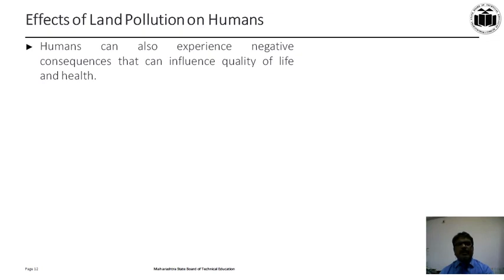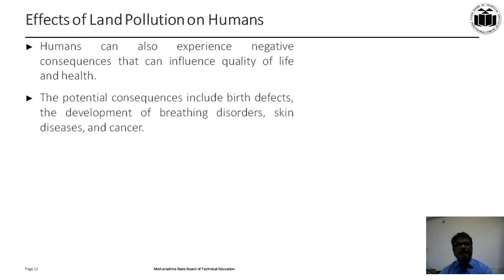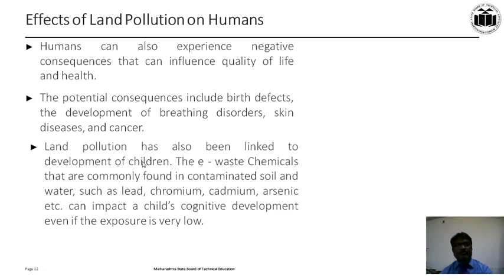Humans can also experience negative consequences that can influence quality of life and health. The potential consequences include birth defects, the development of breathing disorders, skin diseases, and cancer also.